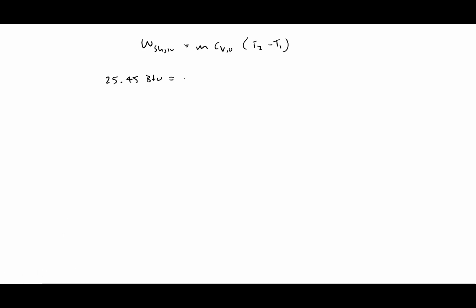This is equal to the mass, which is 1.5 pound mass, multiplied by Cv naught, which is found on the chart for the specific heats, in BTU per pound mass degrees Fahrenheit, and then we have T2 minus 80 degrees Fahrenheit. So if we solve this for T2, T2 is equal to 102.5 degrees Fahrenheit. So basically we've increased our temperature from 80 degrees to 102.5 degrees Fahrenheit.